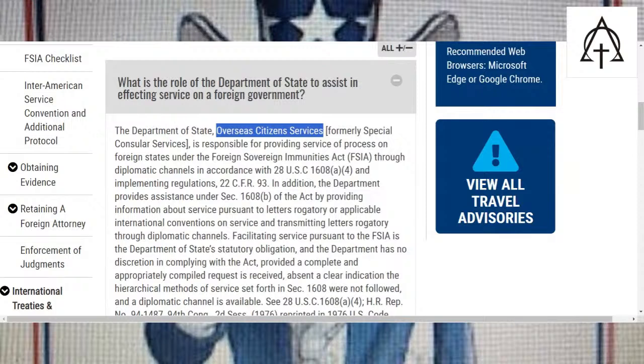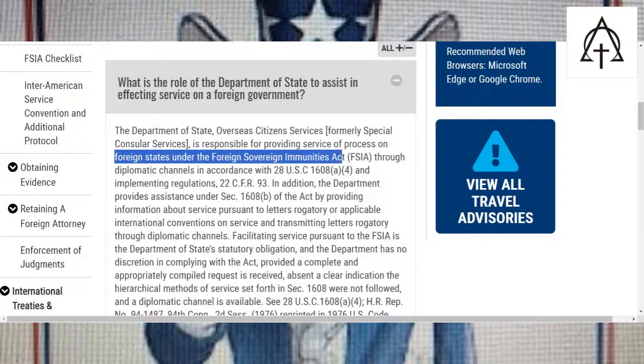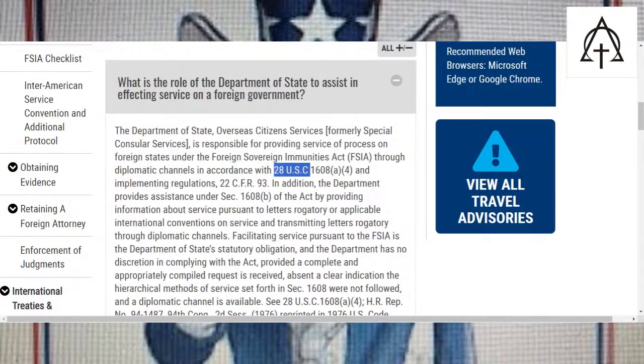It is responsible for providing service of process on foreign states under the Foreign Sovereign Immunities Act through diplomatic channels in accordance with 28 U.S.C. 1608(a)(4) and implementing regulations. That's a contract term. Remember, Title 48 is the acquisitions regulations we just spoke about, Title 48 of the Federal Code, 48 CFR 52.212-5.